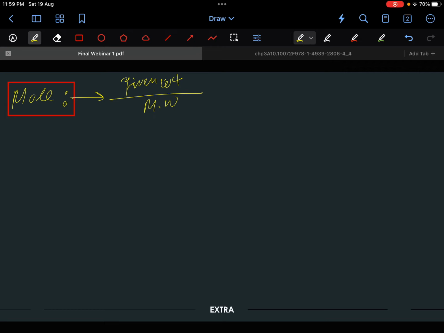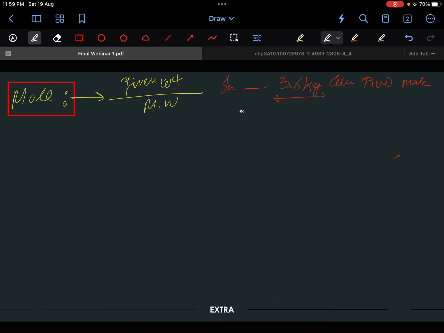Okay, so you can say that in a given solution, 3.6 kg of glucose is there, and we need to find the number of moles. So this is the given weight.